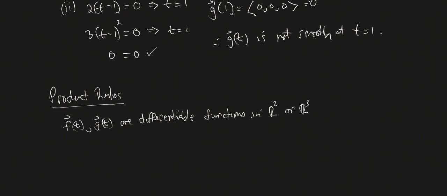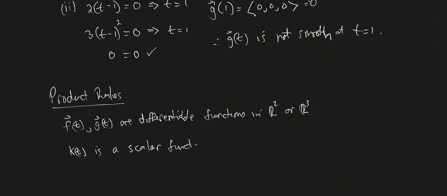Again, everything's going to work for either the plane or space, right? Then suppose I have, I'll call this just a k of t. This is a scalar function. So this one is not a vector. It's like t squared, or the square root of t plus 1. So this is a scalar function.